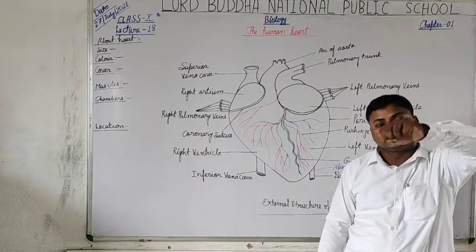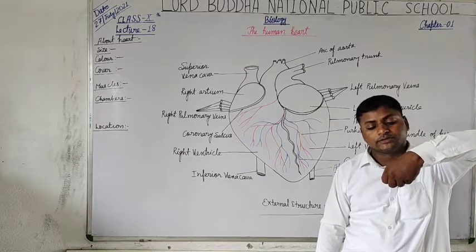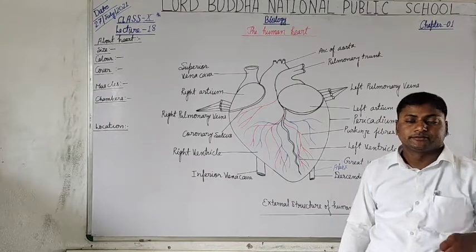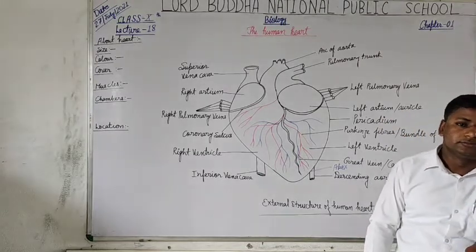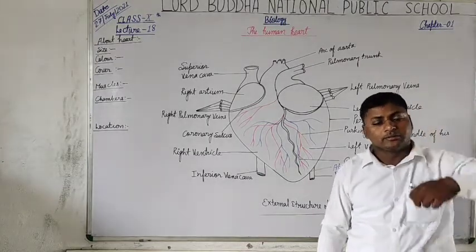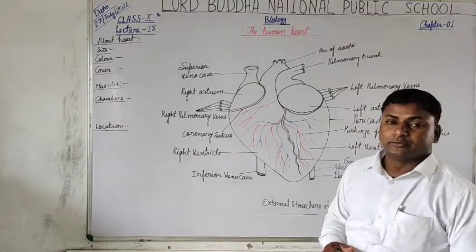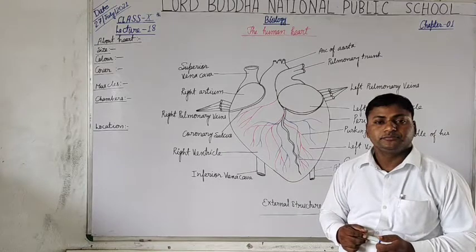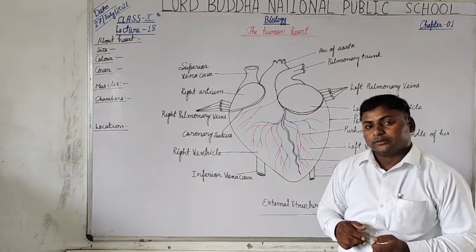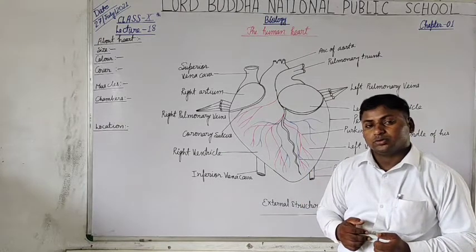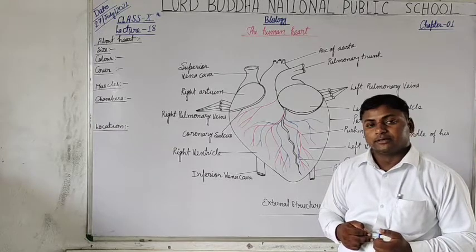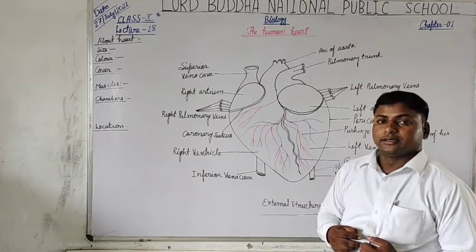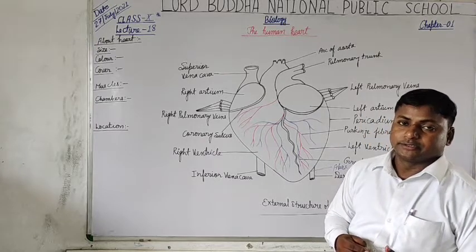This is the closed fist, and this is the size of the heart. It weighs about 1.2 kg in a normal and healthy adult person.